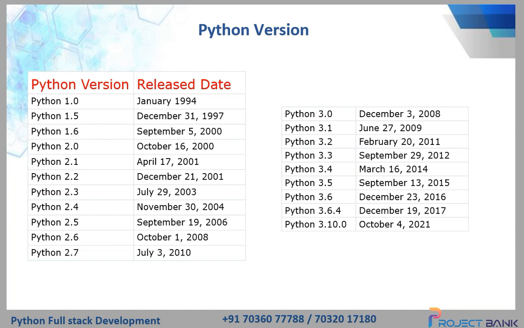Like this you can observe Python 1.x, 2.x and 3.x. The present version we are working with is Python 3.10.4, released on October 4, 2021, which is the latest as of today.